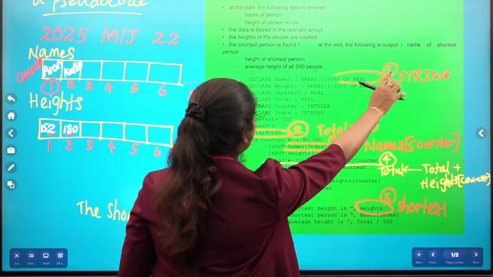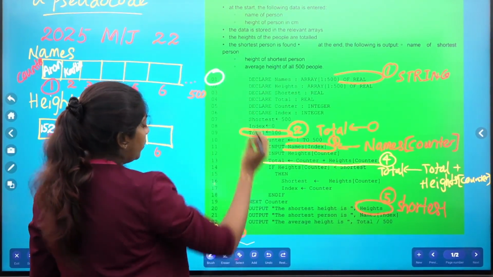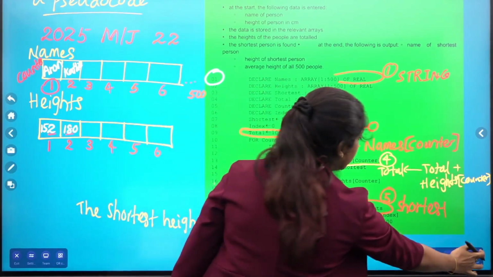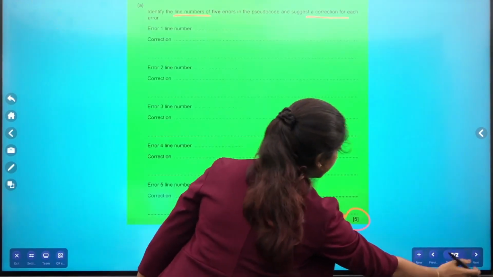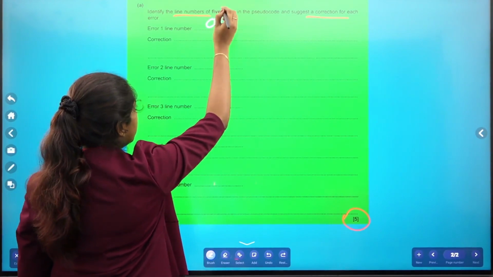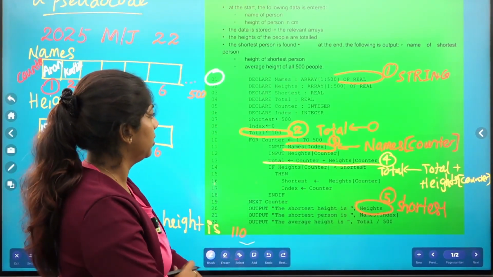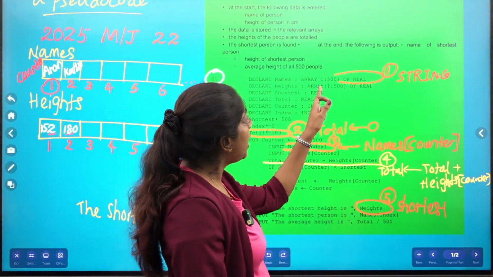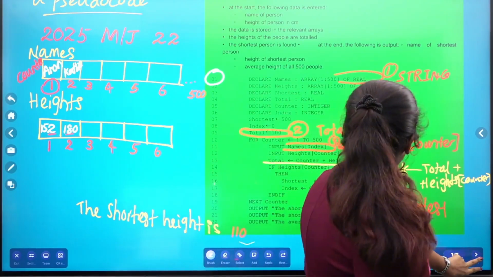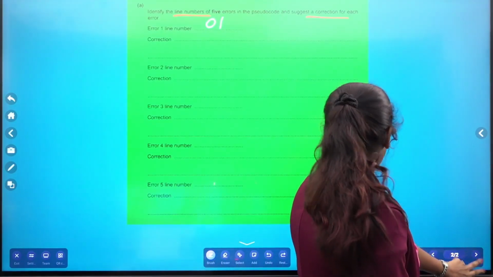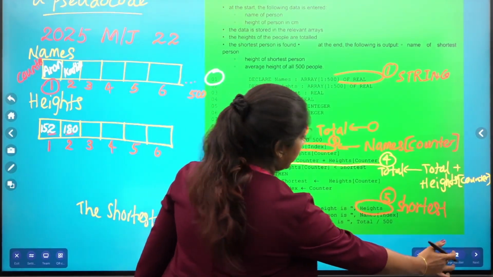Error 1 line number. Here we have encountered error 1. What is the line number? It is 01. So let's write the same way: 01 is the line number. Then let's write the correction. What is the error? Declare names array 1 to 500 of real, but it has to be string. So let's write the entire line.